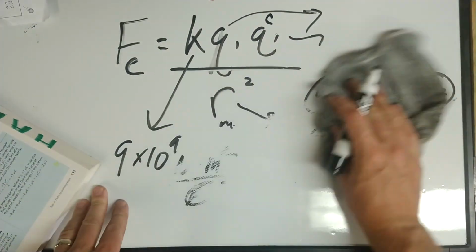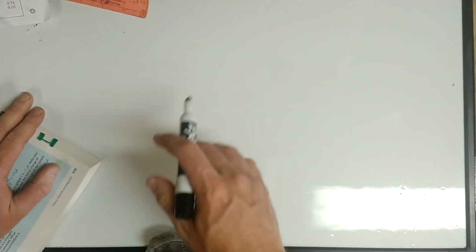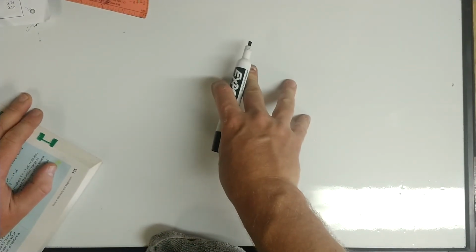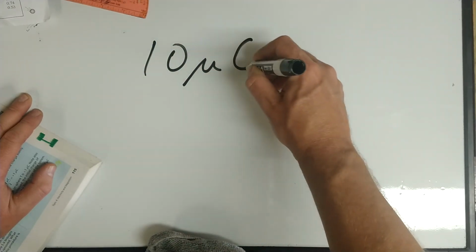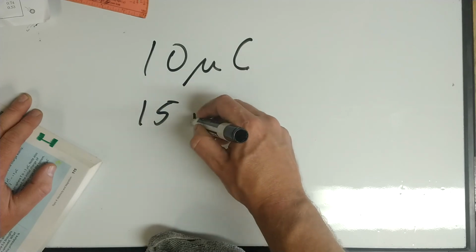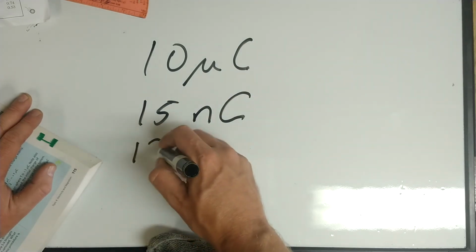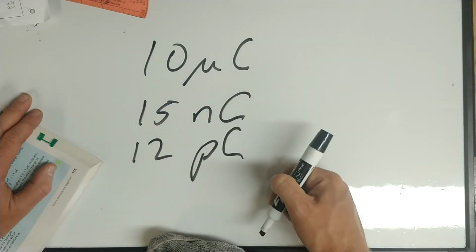One of the things I should point out, now that I'm thinking about it, this video's getting a little longer than I intended, but oh well. The units for charge sometimes have prefixes: microcoulombs, 15 nanocoulombs, 1.2 picocoulombs.